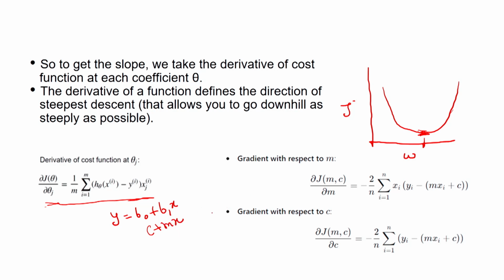So, there are two parameters here, m and c. First we will differentiate with respect to one of these parameters, suppose m, and then we will take the gradient with respect to c.